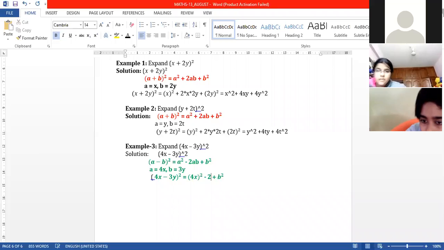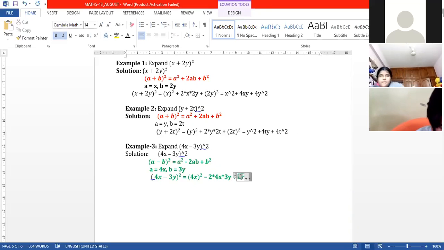Minus 2 into the value of a, which is 4x, the value of b is 3y, plus b square. What is the value of b? The value of b is 3y. (3y) whole square.